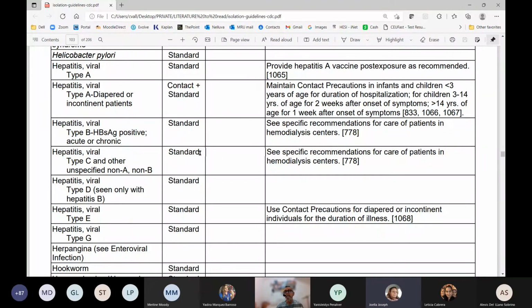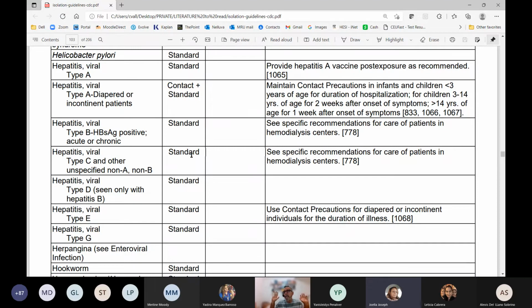They can be together because the rule says if it is only standard, they can be cohorted. The ones that you cannot cohort are contact, droplets, and airborne, unless the same infectious agent is verified.